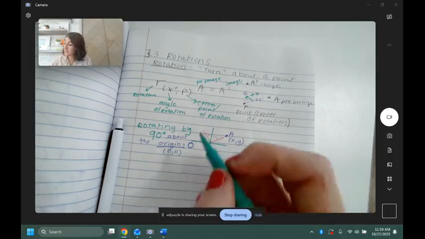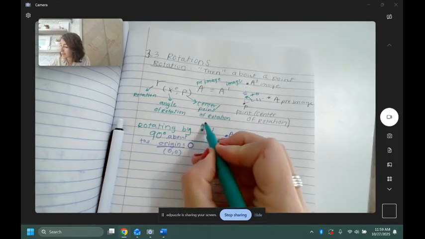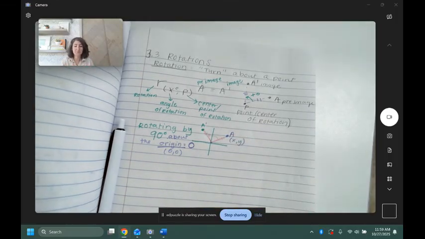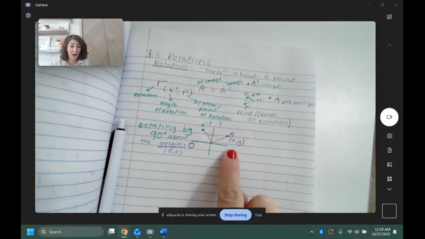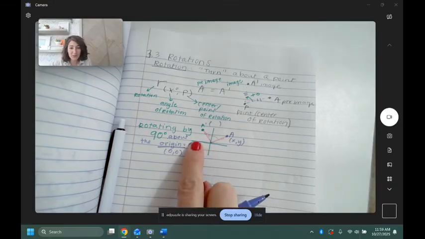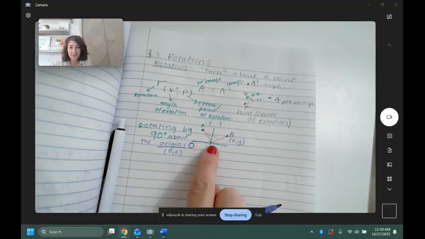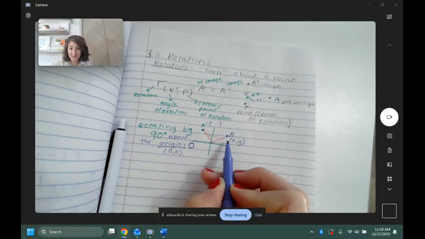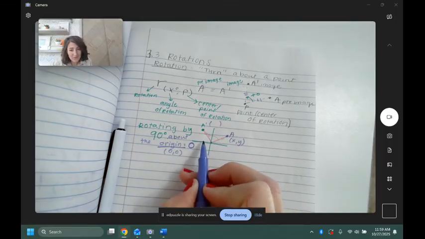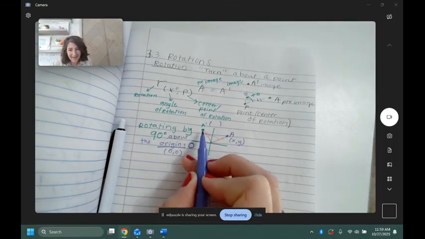And I find here my image. This point now is going to have the same numbers as X and Y, but flipped and reversed. You can think about it in terms of slope. Like I went over X and up Y. So now I'm going over Y and up X.